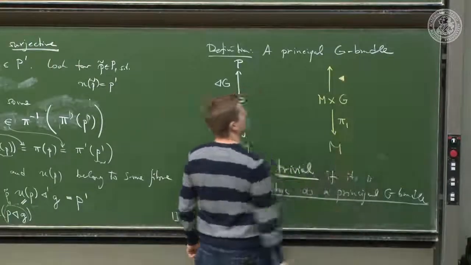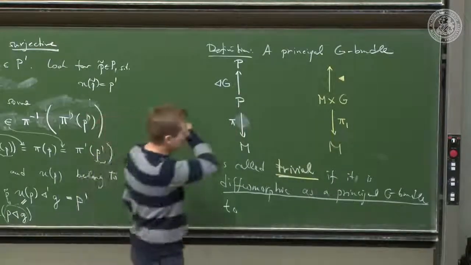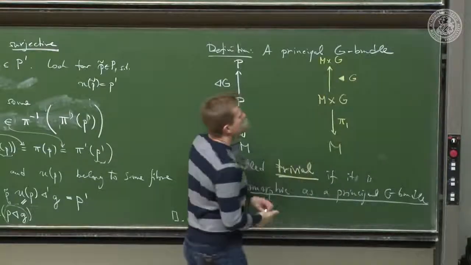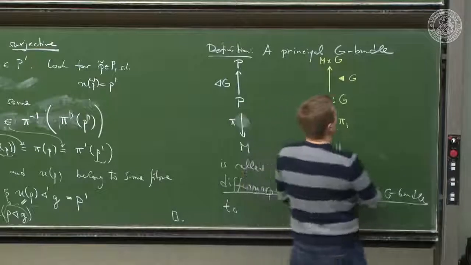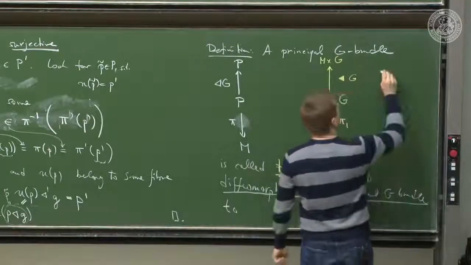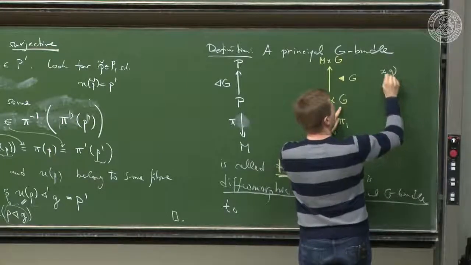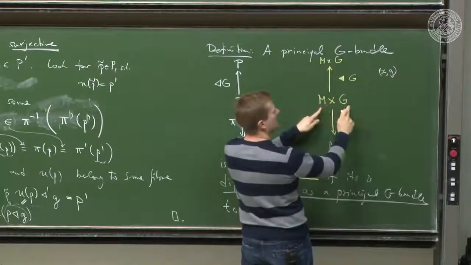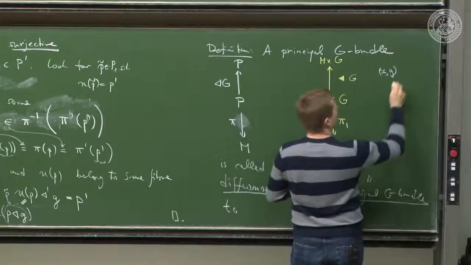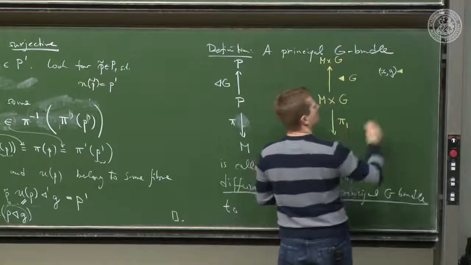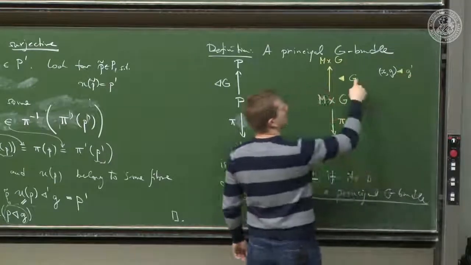I could call it the primed action, it doesn't matter, it's the solid action of the group on M cross G. And the action of this group, well, maybe I write it down. So how does this act? Well, you have an element X, and you have a G. That's certainly an element in here. And then you act with the solid action on it with some arbitrary element G prime.